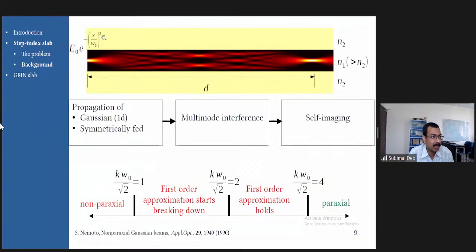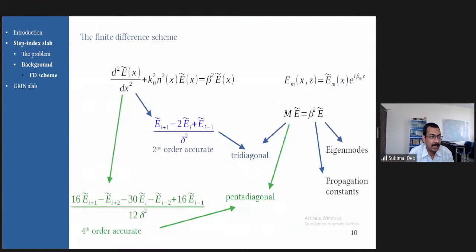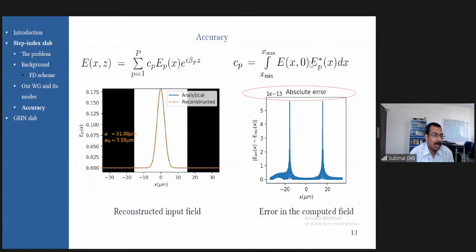This is the input that we have fed in, and when we reconstruct it in terms of the eigenmodes that we computed from the finite difference scheme, you find that the error, or the difference between the analytical and the reconstructed, the absolute error, is 1 in 10 to the power 13, and that is quite acceptable.